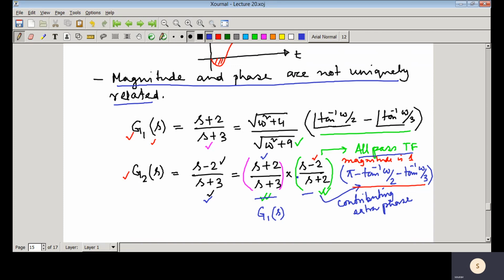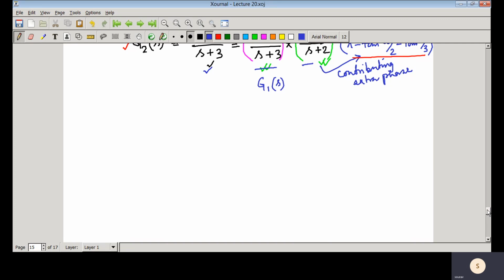In case of a minimum phase system you would have that unique relationship between gain and phase, but in case of non-minimum phase systems, they are not uniquely related.